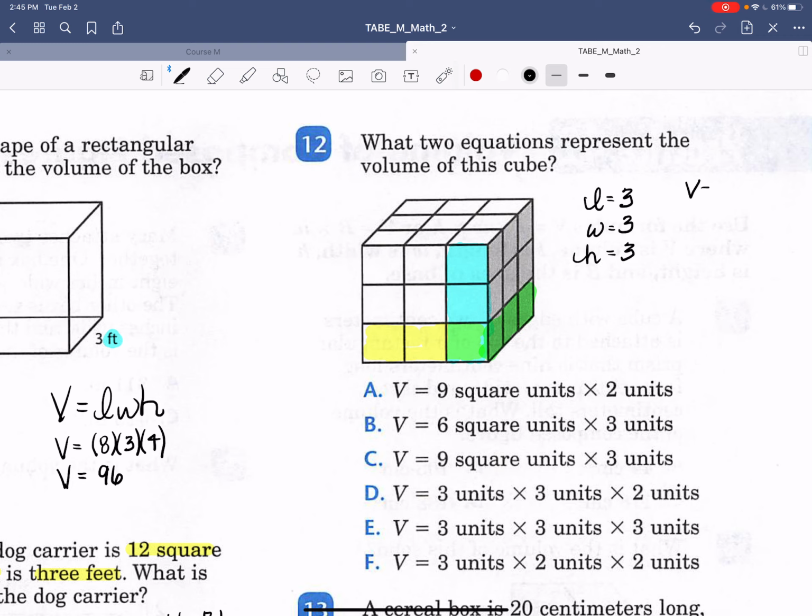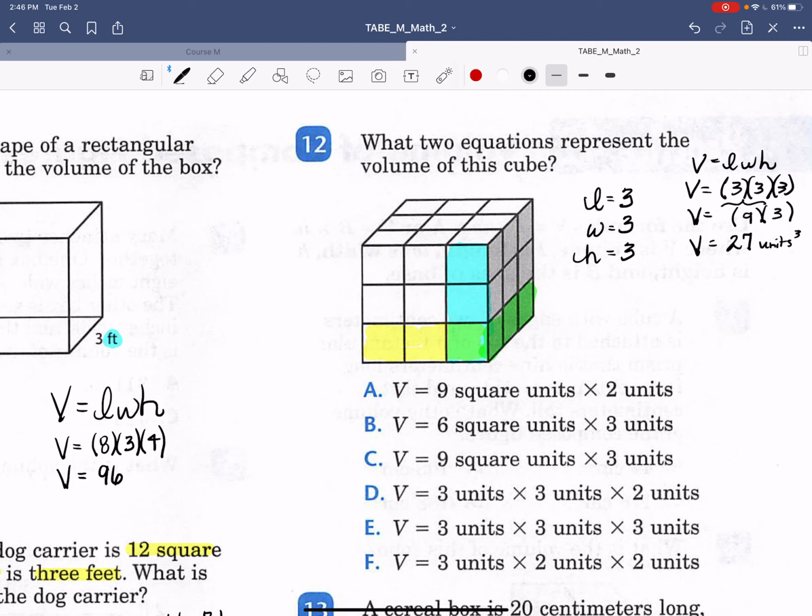So volume would be 3 times 3 times 3. That's length, width, and height, which is ultimately going to be 27 units cubed. But remember, they like to do 3 times 3, that's 9, and then times 3.